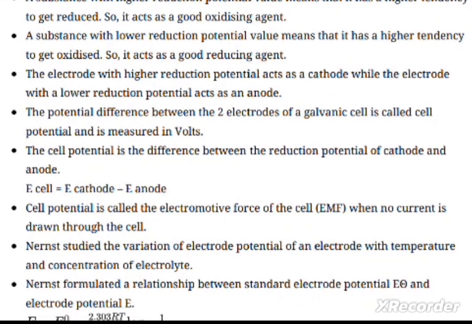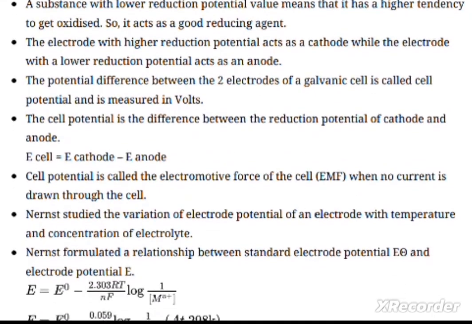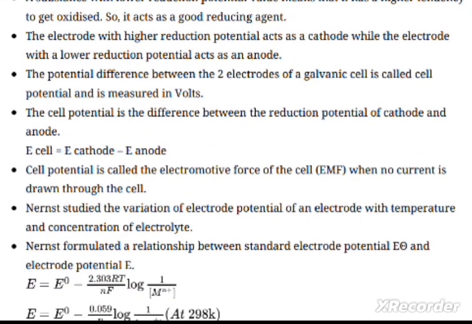A substance with a lower reduction potential value has a higher tendency to get oxidized, so it acts as a good reducing agent. The electrode with a higher reduction potential acts as a cathode, while the electrode with a lower reduction potential acts as an anode.